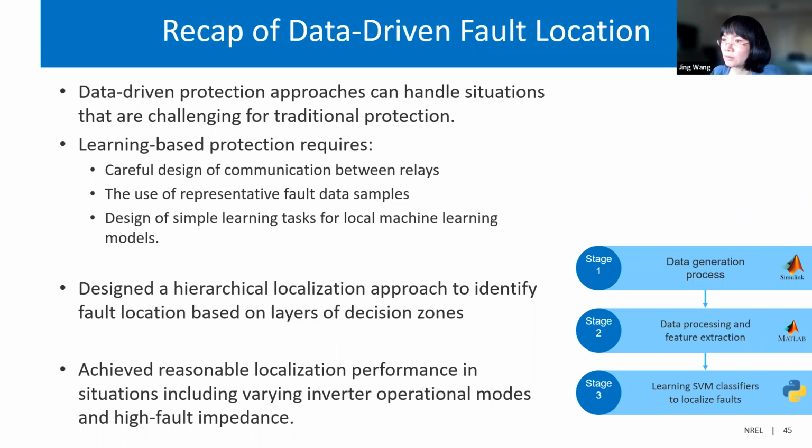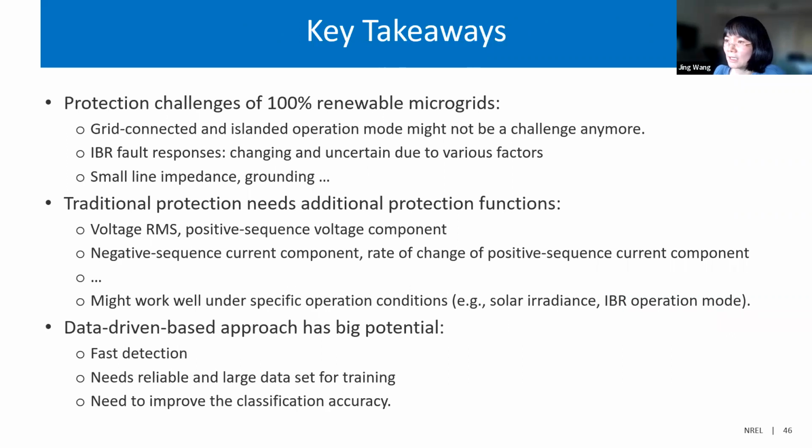Now, this is my last slide. I want to highlight the key takeaways for this project. Overall, the 100% renewable microgrid has a lot of protection challenges. We find that grid-connected and islanded operation might not be a challenge anymore, because as long as you have communication, they can be adaptive.